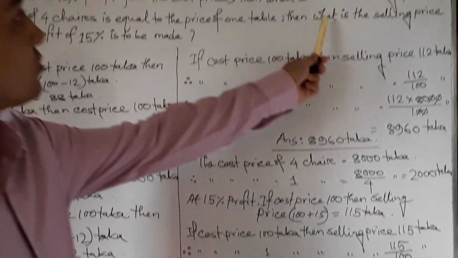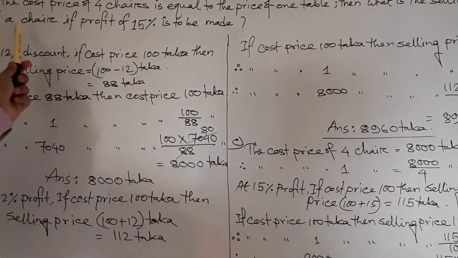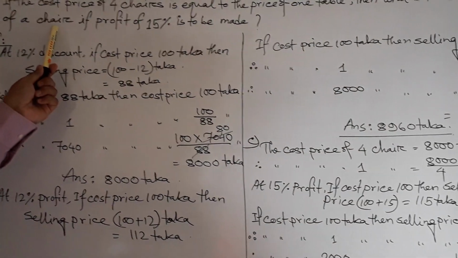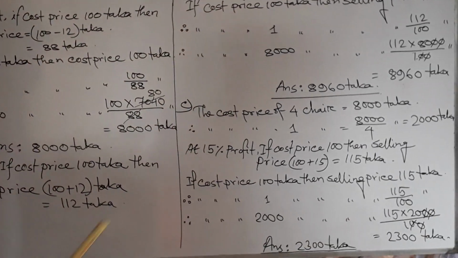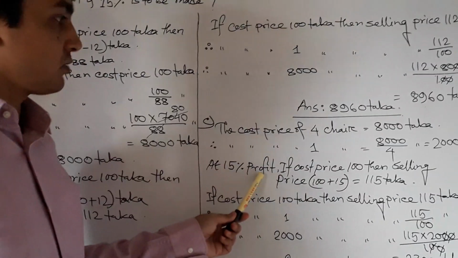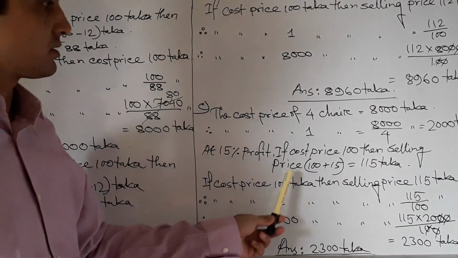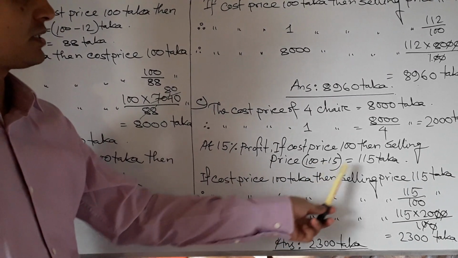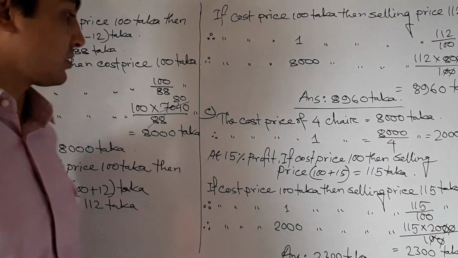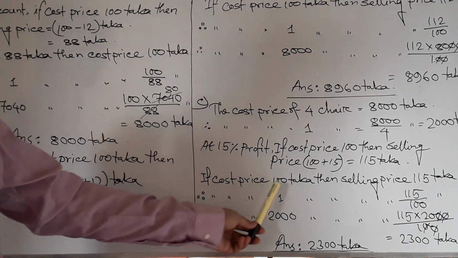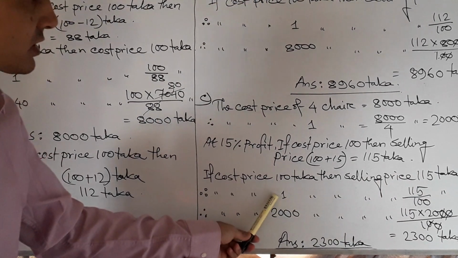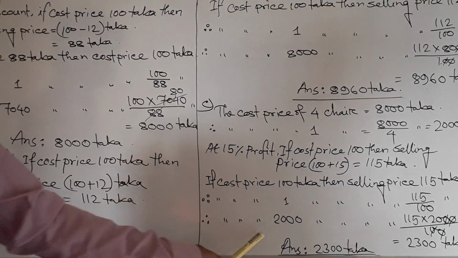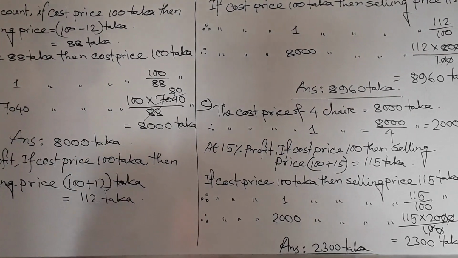So now what is the selling price of a share? Now we find the selling price of a share if 15% profit is made. Now at 15% profit, if cost price is 100, then selling price is 100 plus 15, that is 115 taka. If cost price is 100 taka, then selling price is 115 taka. So for 1 taka, then for 2,000 taka, because 2,000 taka is the cost price of one share.